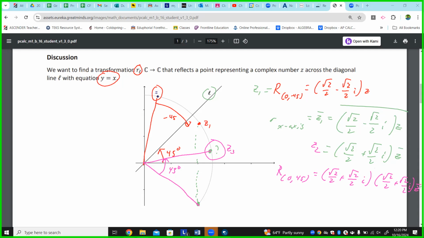Now we can't just stop there. We need to do the math to figure that out. And how do I multiply two complex numbers? Distribute. Very good. So we can't be scared of fractions and we can't be scared of these radicals.